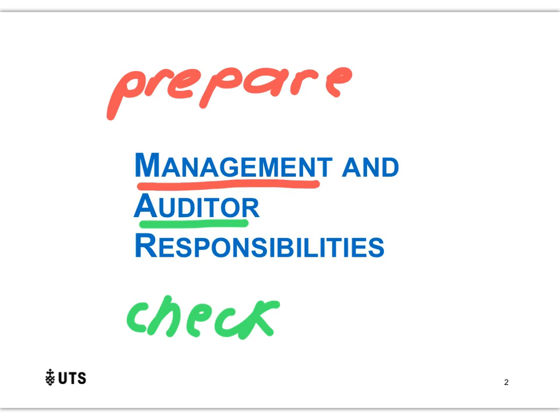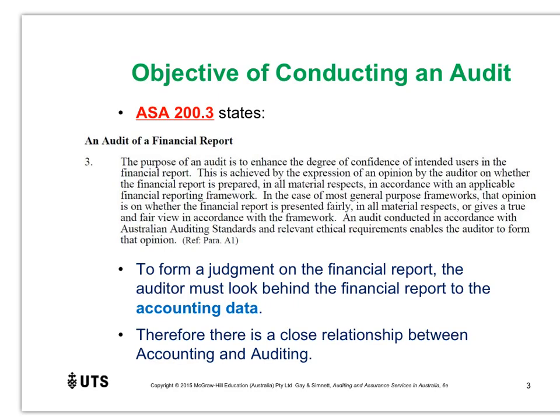In order to delve into the responsibilities of an auditor, it's really important that we refer to the auditing standards, in particular ASA 200. Now, before I go further, it's really important for me to highlight what this dot 3 or point 3 means following the reference of ASA 200. For future reference, just remember this.